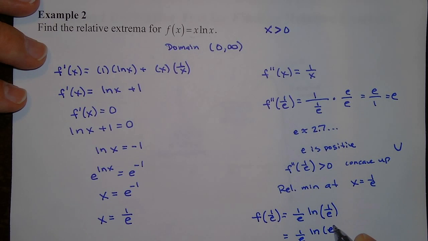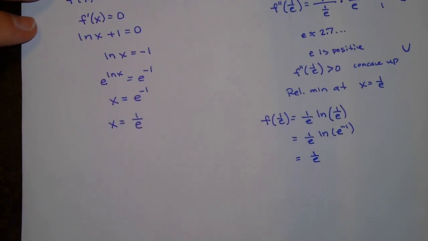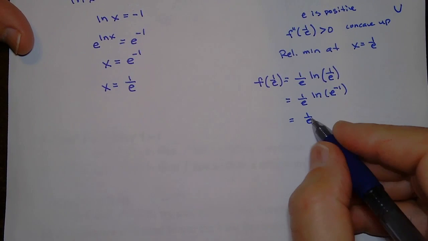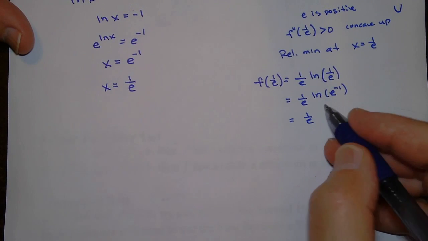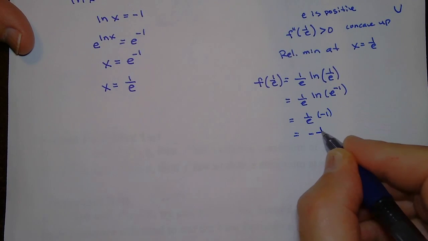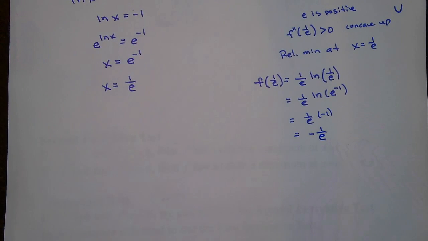So that can be rewritten as e to the negative 1 power. And the reason we want that is because these are going to undo each other, and you're going to be left with negative 1. So this is 1 over e times negative 1, or that is just negative 1 over e.